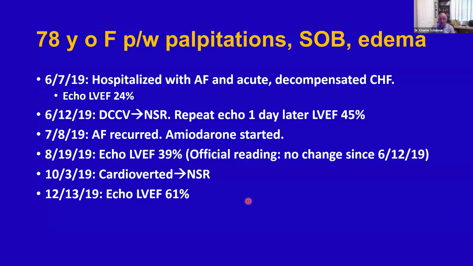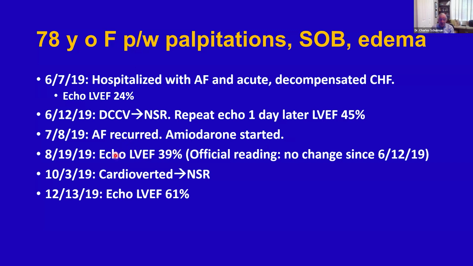This is an example of tachycardia-induced cardiomyopathy. The patient was hospitalized with AFib and acute decompensated heart failure and an ejection fraction on an echo of 24%. Patient was cardioverted to sinus rhythm, and a repeat echo was much better. AF recurred a month later, and amiodarone was started at that point.